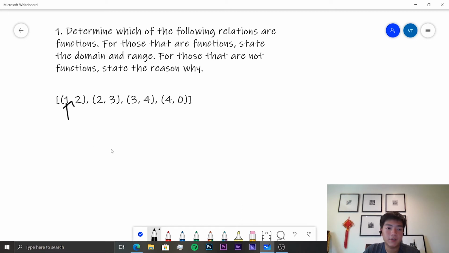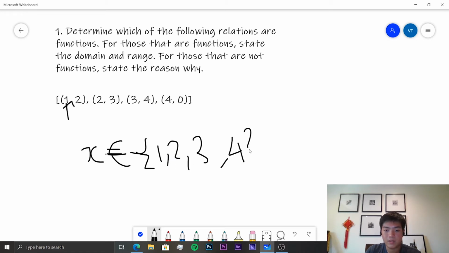The domain of this function will be when x is less than or equal to 1, or actually, in this case, it doesn't look that continuous, so it might be better to say x is part of the set 1, 2, 3, and 4, and y is part of the set 2, 3, 4, and 0.